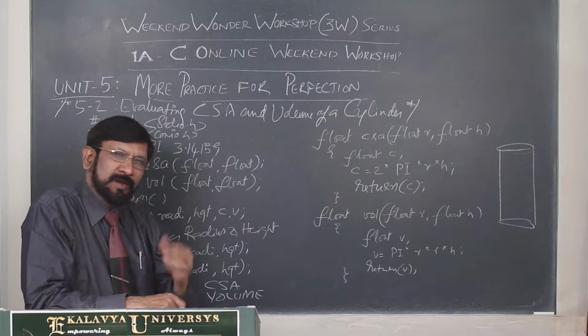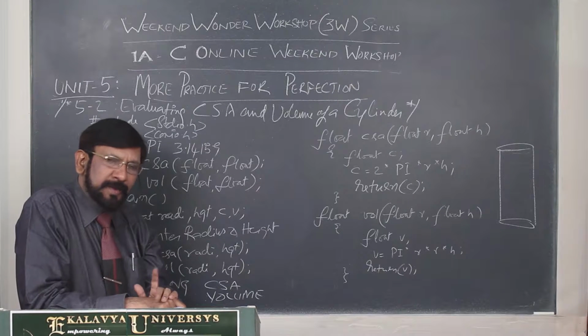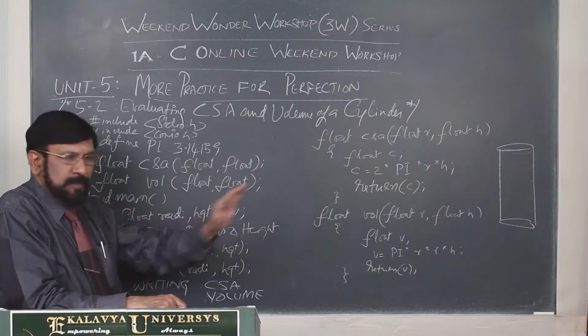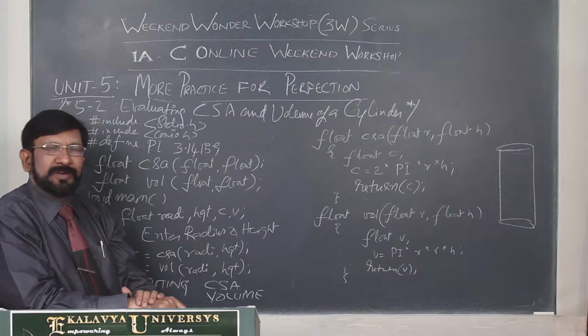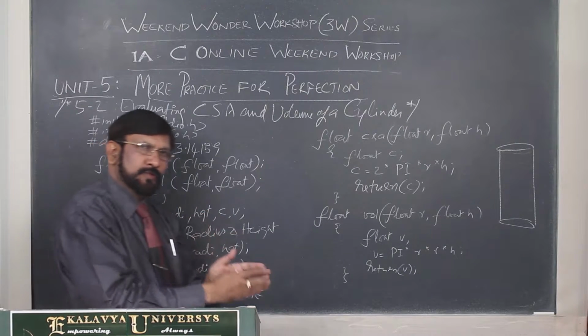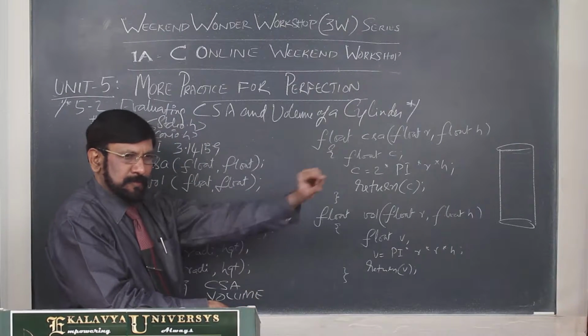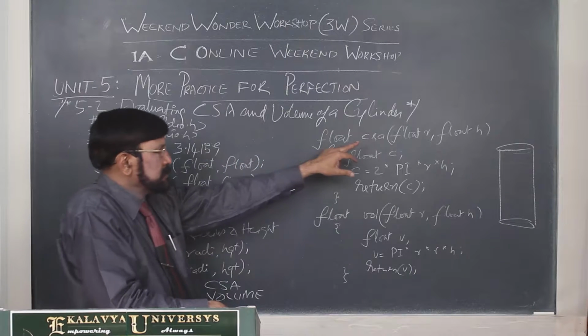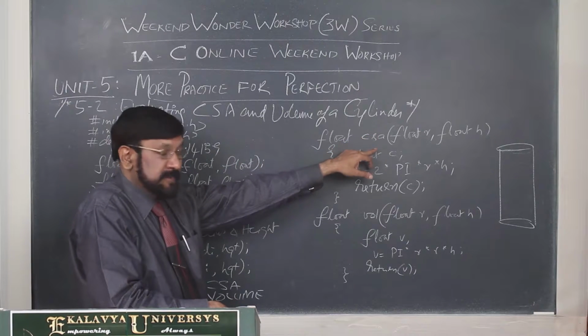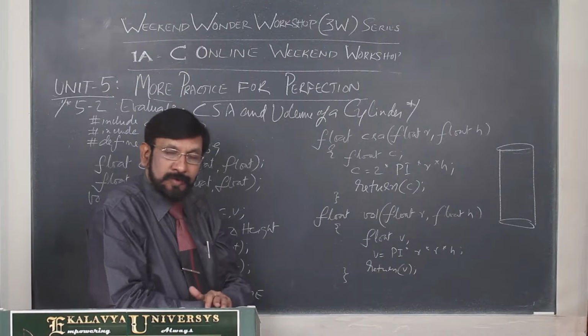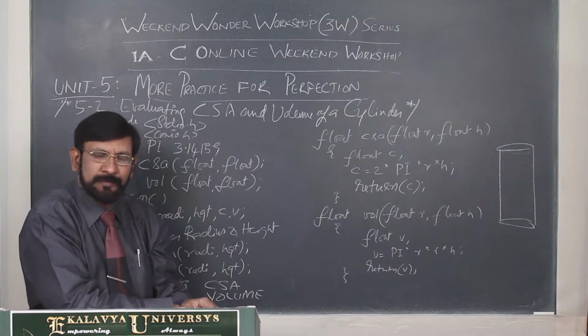For volume, VOL, or if you want, use the complete name. If you go to Java, you have to give much more elaborate names like calculate CSA, calculate volume. That is the professional approach.